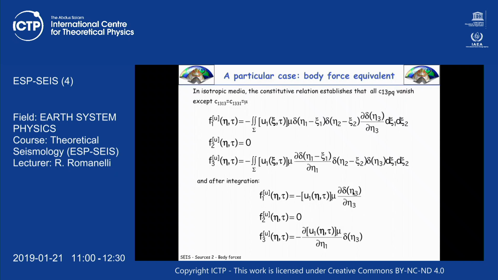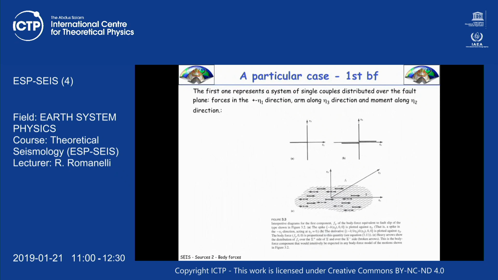So the first set is creating an arm along Z. Actually, the first one, before integration, is a set of couples running along X and with an arm along Z. Good, it's like this. And they are spread over the fault where slip is not 0.